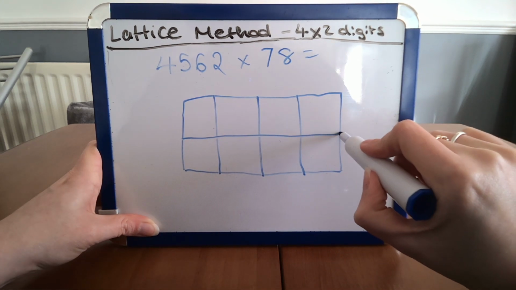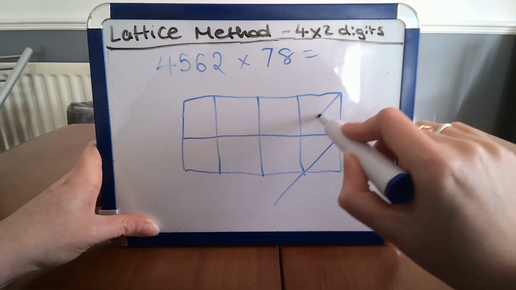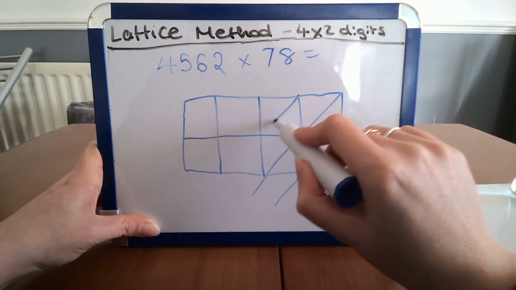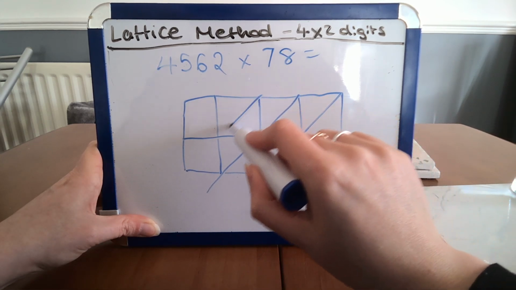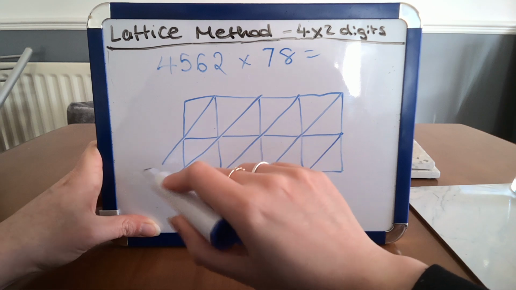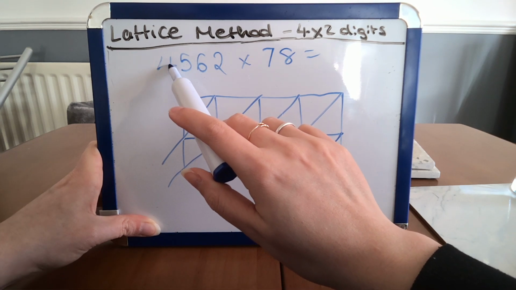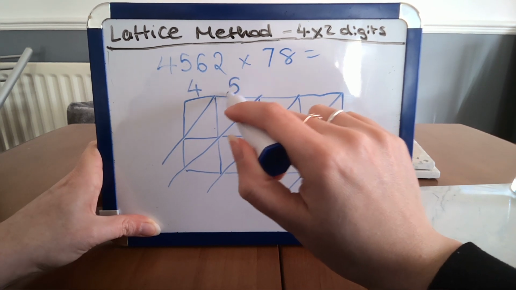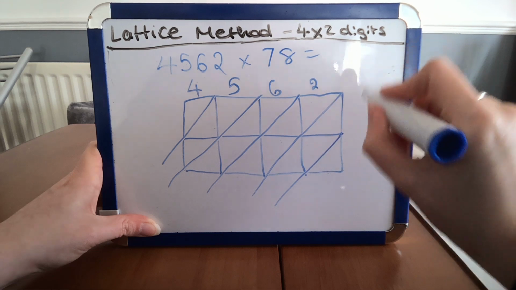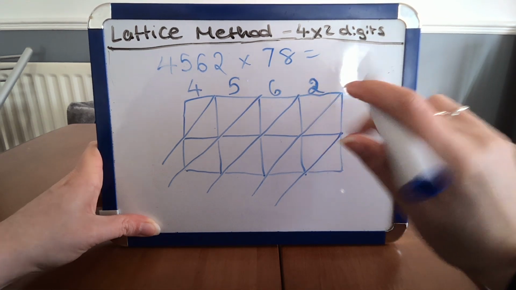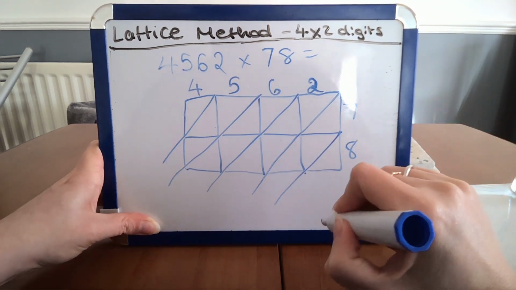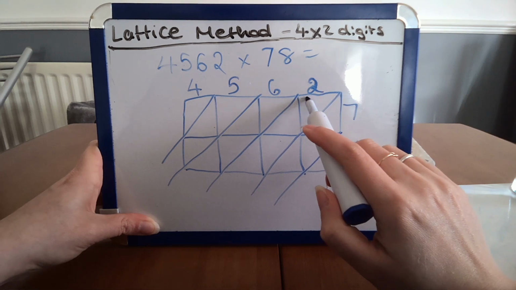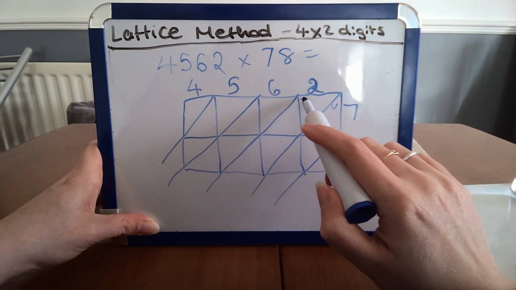I'm then going to diagonally split them in half again. And I'm going to separate this number out. 4, 5, 6, 2, 7, 8. So this is my tens, this is my units.